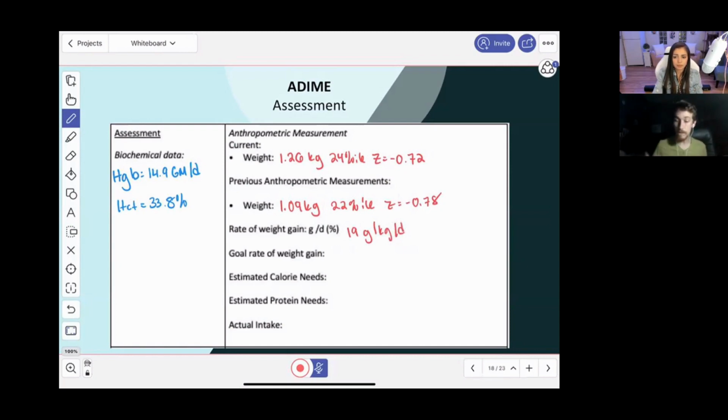And now we need to figure out the goal rate of weight gain, which we did not necessarily touch on in this module here, but remember from the previous modules, the normative data has this information for you. So if we took a look at the Ziegler chart, we would see that it's between 18 to 21 grams per kilogram per day.